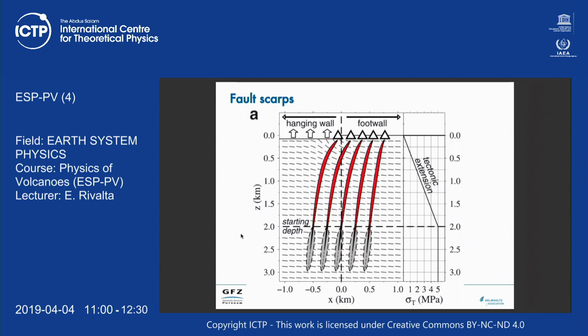Of course, this effect cannot be very deep, but it can still be significant if the dikes start somewhere. So this is just a small application at this small scale.